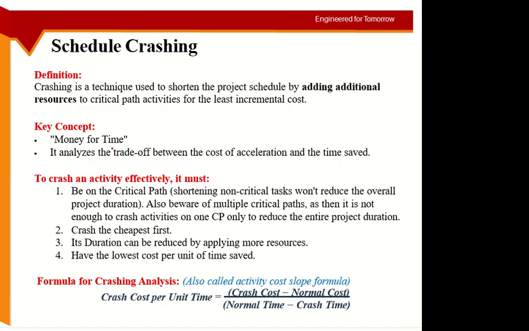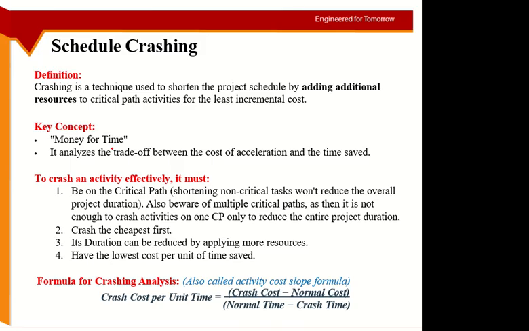So if you have multiple critical paths, then you have to do the same amount of compression in both of them in order to achieve the required outcome in the final duration.